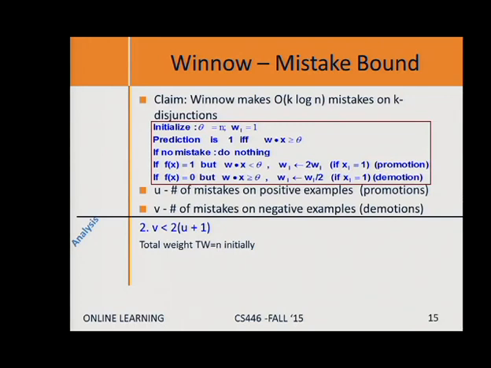What happens to the total weight when I make a mistake on a positive example? It's a positive example. I'm promoting. So what happens to the total weight? It goes up by how much? One way to think about it, it can go up twice. I want to say it goes up by no more than n. Why?